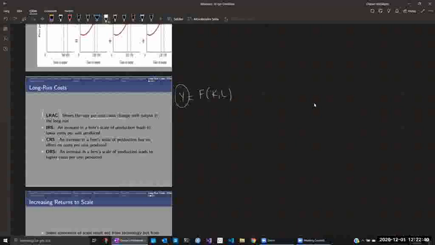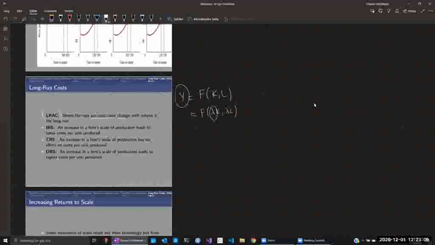And since I can change both, what I look at is the change in output when I change the factors of production proportionally. This proportional change is called the change in scale of production.